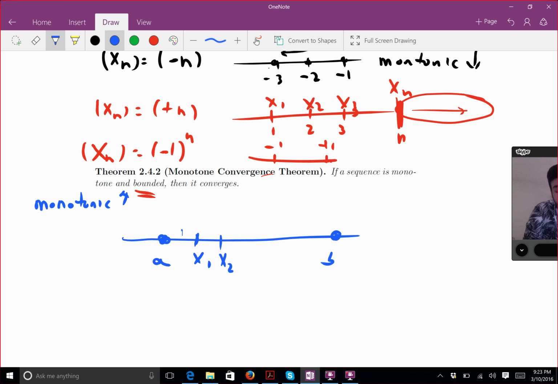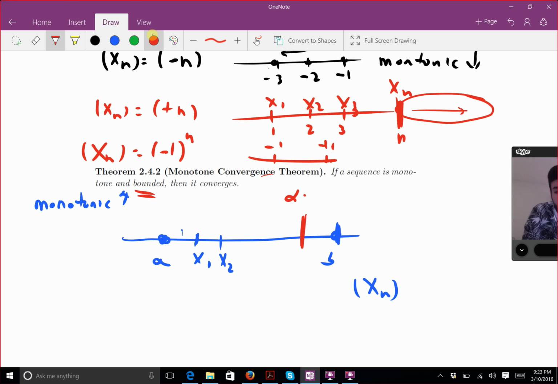This is easy to prove, because the set of all x sub n's is a subset of the real numbers. It's non-empty, and it's bounded above. So what do we know? It has a least upper bound, and that least upper bound is the limit.